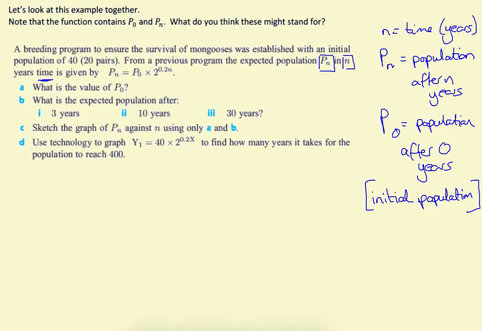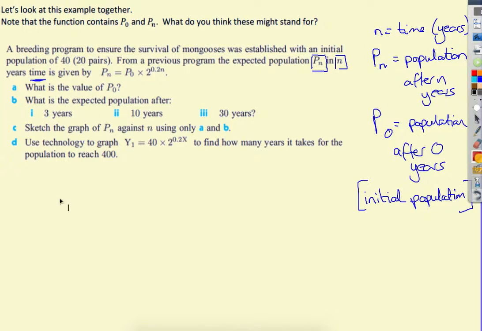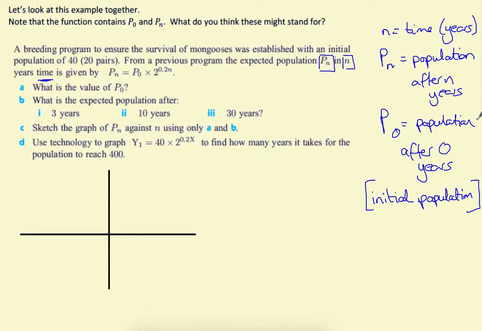Okay, let's have a quick sketch of the graph. If you're not completely sure about what the graph will look like, you can type the function into your calculator: 40 times 2 to the power of 0.2x, and take a look at how your calculator sketches this.